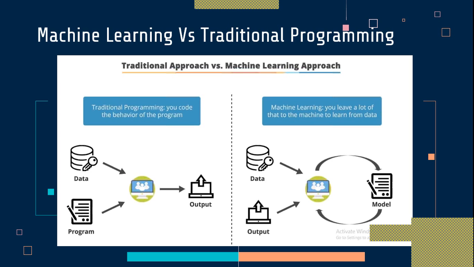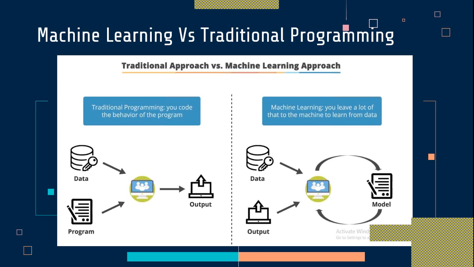In a traditional approach, you don't need the output first. Once you write the program, then you decide, okay, this is the output. But in machine learning, first you decide what your output will be, and once you decide your output, according to that you require the data.